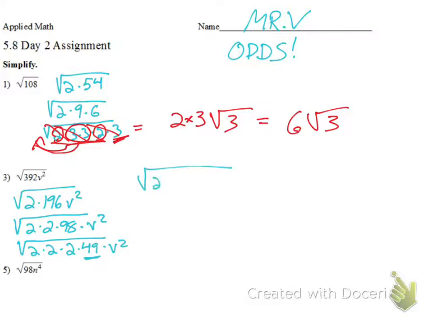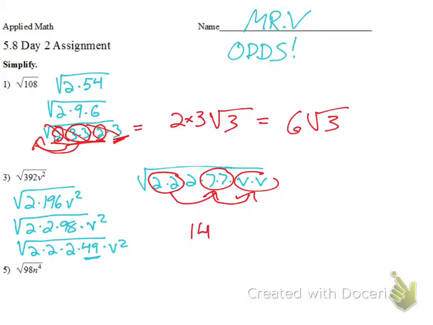That's going to be 2 times 2 times 2 times 7 times 7 times v, and there's nothing else I can break up, so let's bring our pairs out. I know there's a pair of 2s, there's a pair of 7s, and a pair of v's, so 2 times 7 is 14. 14 times v is 14v. And then what's still left under the radical is a 2.